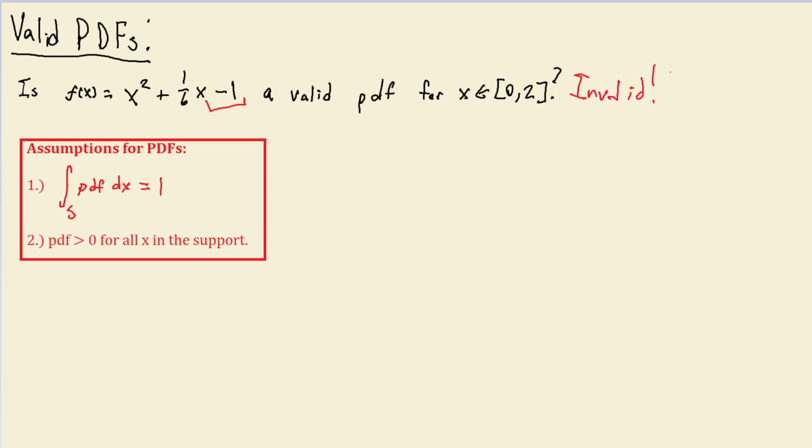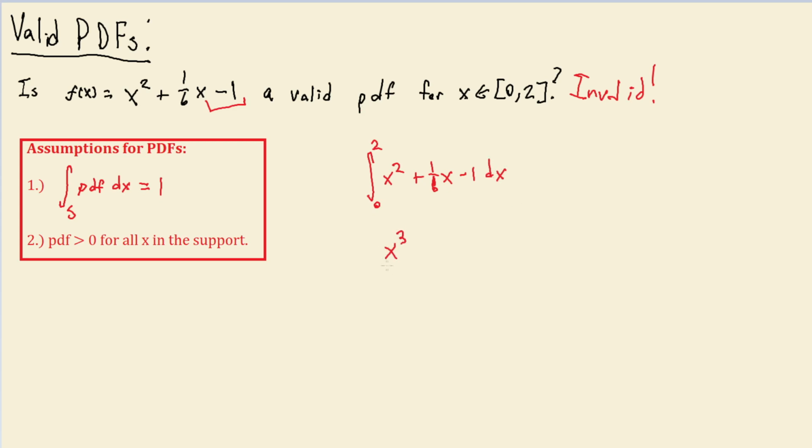But I do want to make the point that it's important to check both assumptions, because if you go through this checklist here, and you don't immediately recognize that, and you go for the first one, and you were to integrate this function, x squared plus 1/6 x minus 1 from 0 to 2, I purposely chose from 0 to 2 so that we don't have to evaluate this twice.